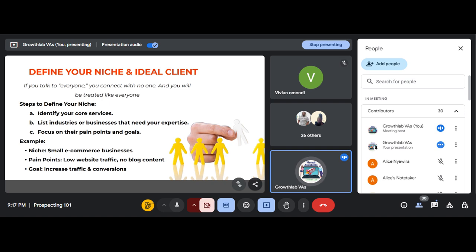Taking it a step further, once you've written down the pain points, write down what I love to call their promised land. That is how life would be after they hire you. So, if, for example, our fitness coach has no records of clients, they don't have anything showing how they are doing their marketing, they don't have any sales records.